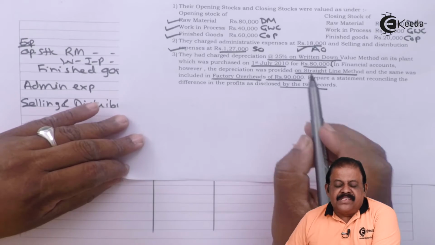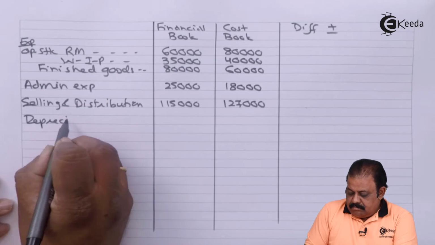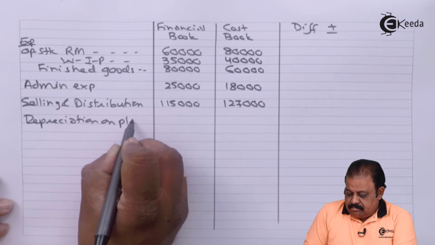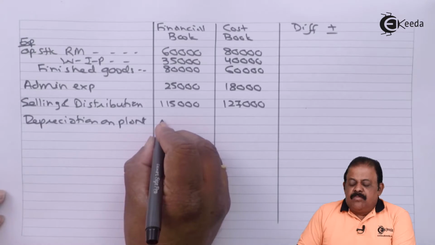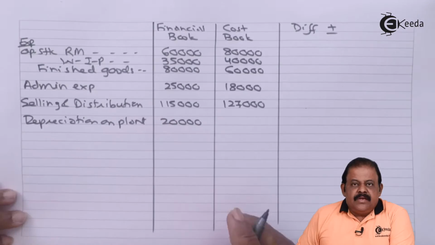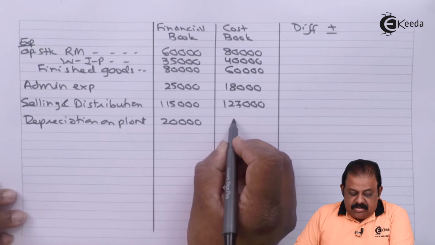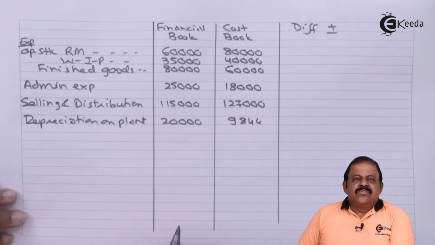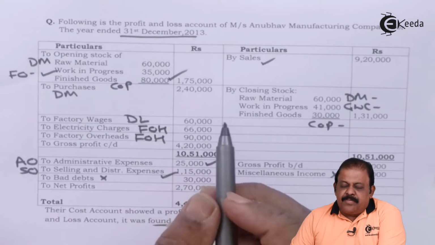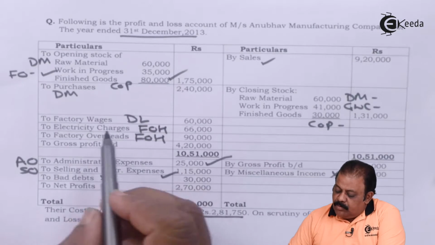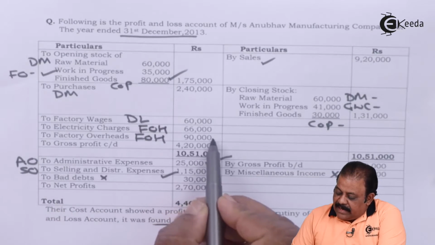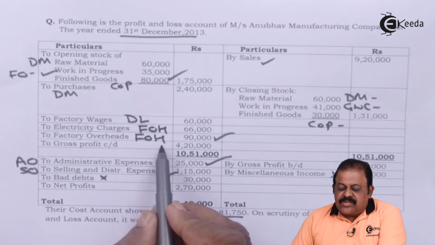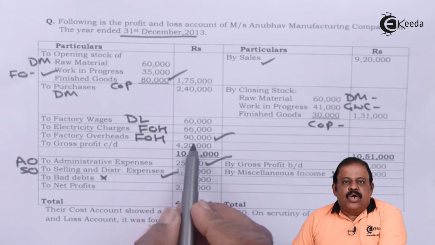Difference of depreciation. In financial book it is 20,000. In cost book, as per our working note, 9,844. As per financial book factory overheads are 90,000. They have said that it includes the amount of depreciation.